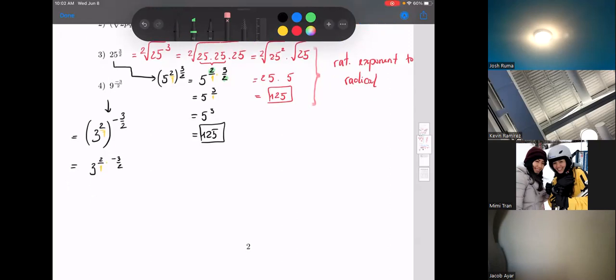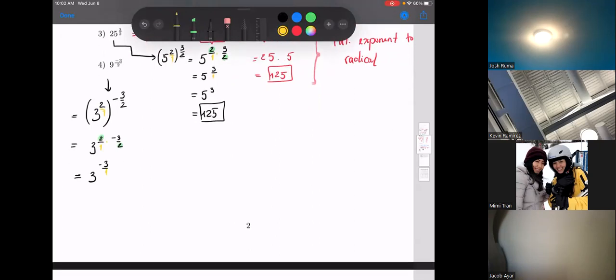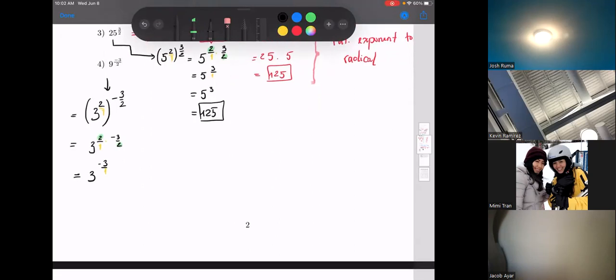So now you simplify, right? The 2 here and the 2 here cancel. So I have 3 for my base and negative 3 over 1, which is 3 to the negative 3.